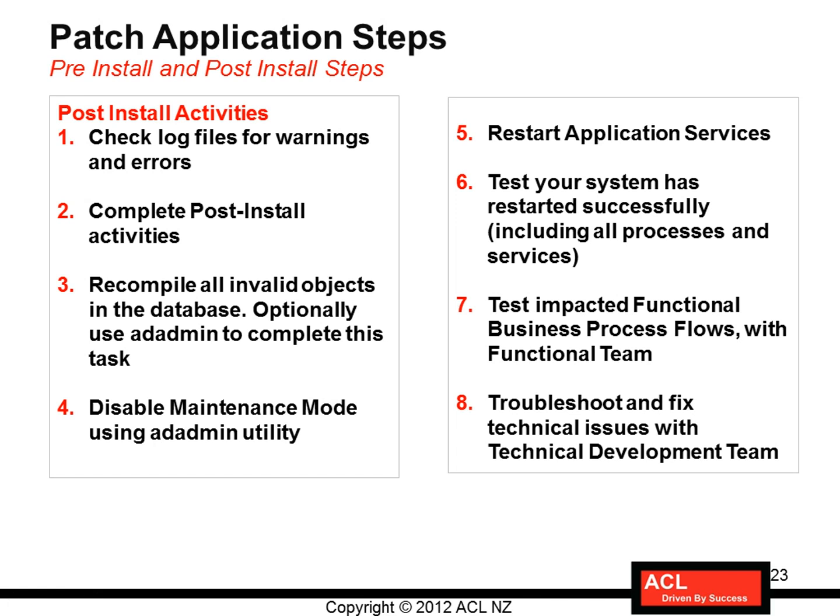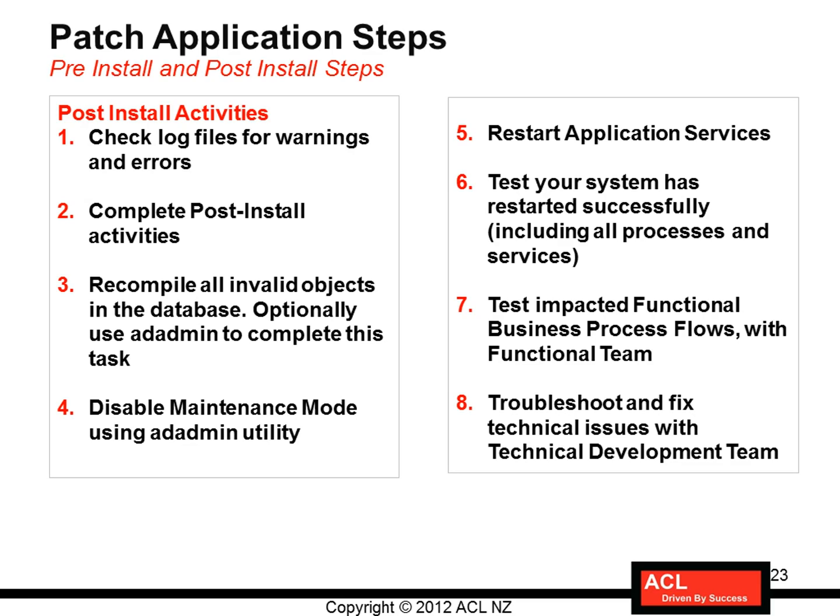Now what's next is you need to test the impacted business process flows with the functional team and test whether the patch that was applied for the bug has fixed it or not. In our case we were getting an error in the Admrgpch contractor request form. So let's go and test whether that's been fixed.